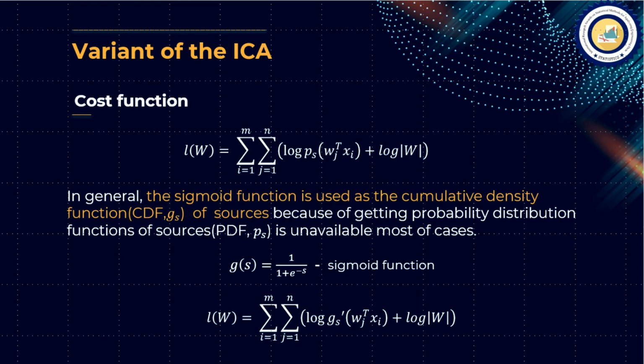The completed likelihood function is used as a cost function in the optimization process. In conventional ICA, the sigmoid function is used as cumulative density function of sources. This is because estimating the probability distribution function of sources is impractical in most cases or even too difficult to obtain.